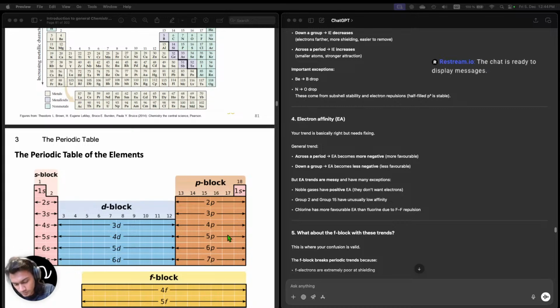5 to 18 or 4 to 17. These are valence electrons are filled in.